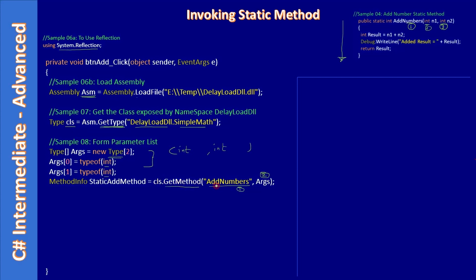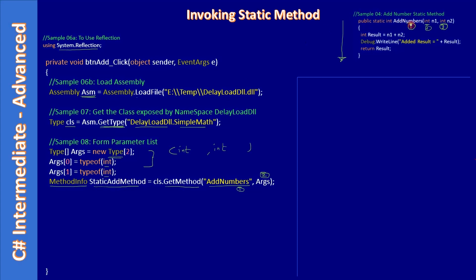When you use get method, name itself is not sufficient. Why? Because there is a possibility of method overloading. So we specify our argument type. So this will correctly pick the method. Once you have a method in hand, you can store that using the MethodInfo. So get method returns a MethodInfo. Now we have the static add method in hand.